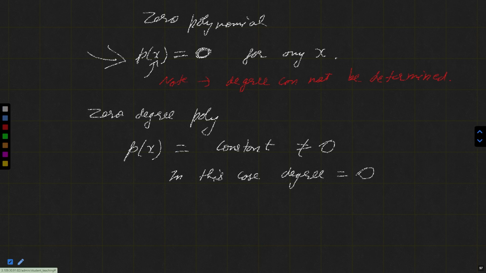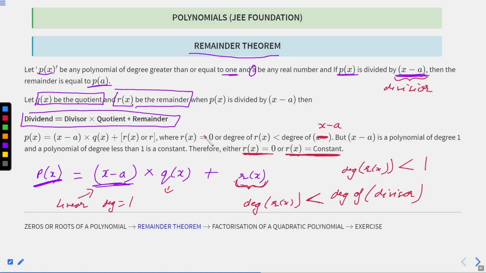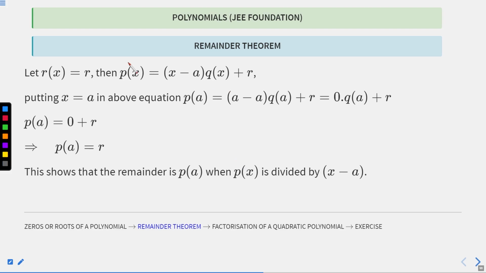Let's move to this remainder theorem. I hope you understood it very well. Let's move next. So I am taking Rx equal to R. Don't forget that this is my polynomial in x.